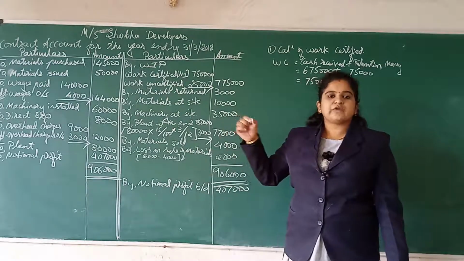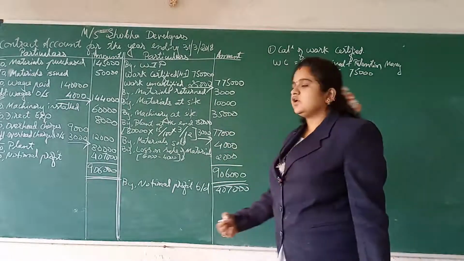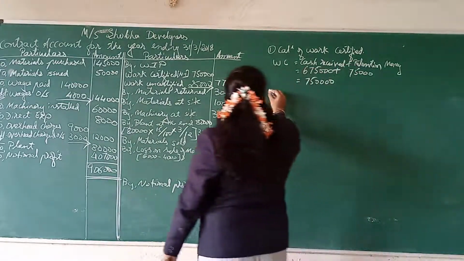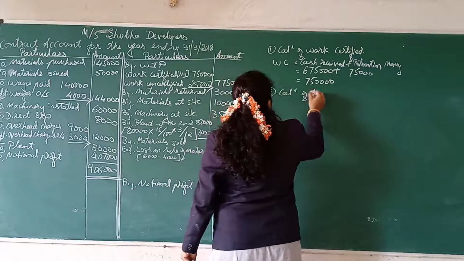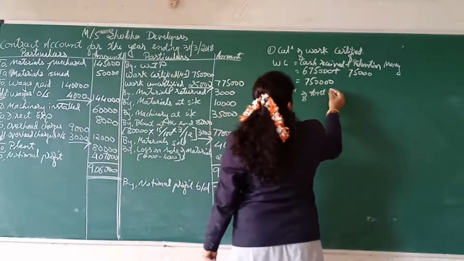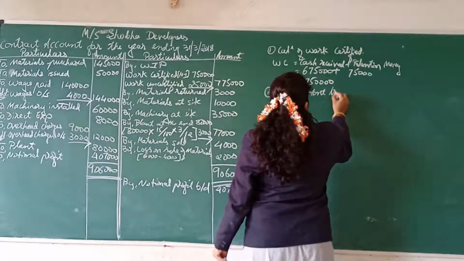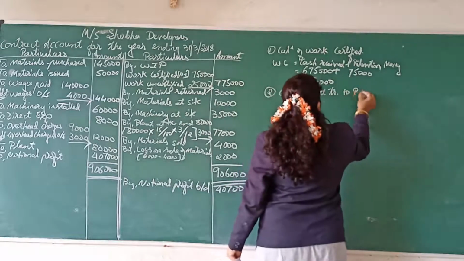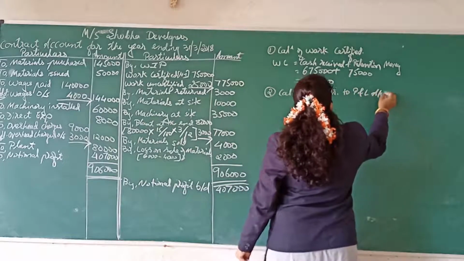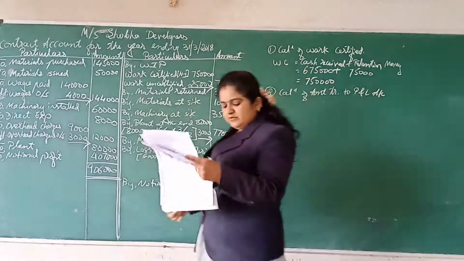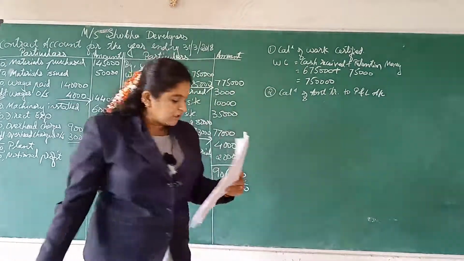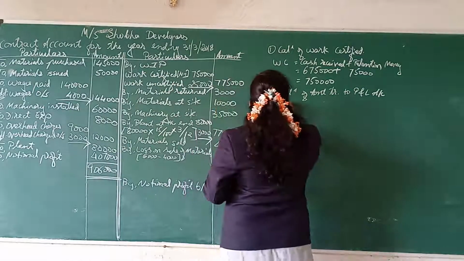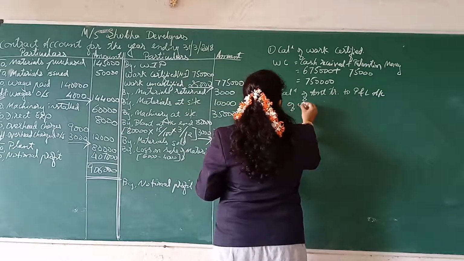Okay, so to find it out we will be having one more working note, second working note, calculation of amount transferred to profit and loss account. So before this we will have to find out percentage of work completed.